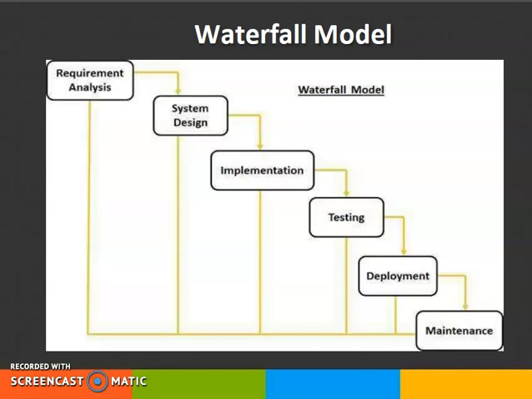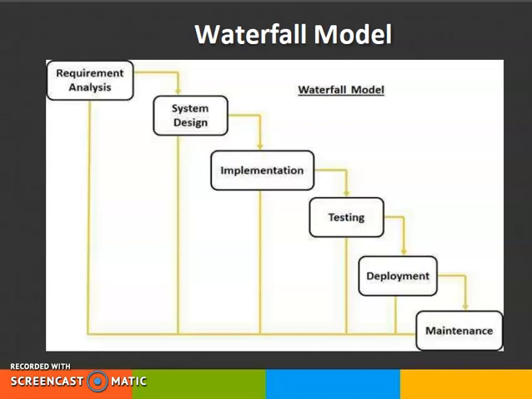Once they start system design, even if they find any problems or issues during the system design phase, they won't go back to requirement analysis. There is no going back. Whatever they have to do in the system design phase, even if they have faced some pitfalls, they have to accommodate them and design accordingly.